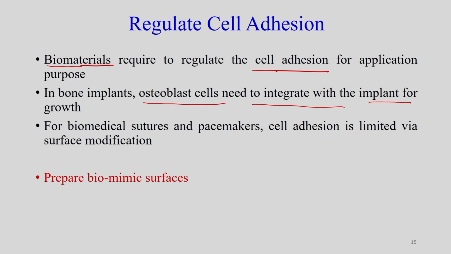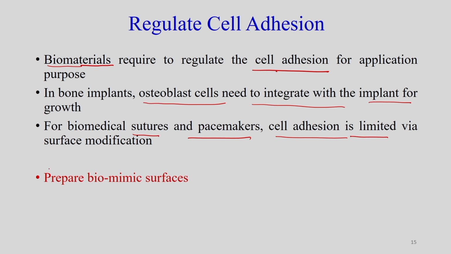Now, but if you talk about the sutures and the pacemakers, then our objective is there should be no cell adhesion. So, these are the two contrast examples. In one case, bone implant, we need the osteoblast cell to adhere or integrate, but in case of sutures and pacemakers we are avoiding it, where that cell adhesion should be limited.